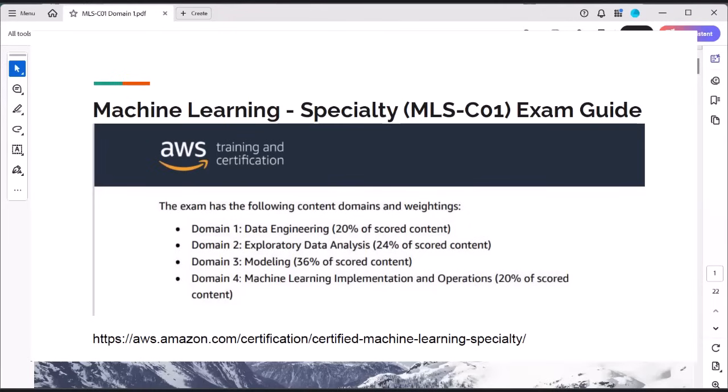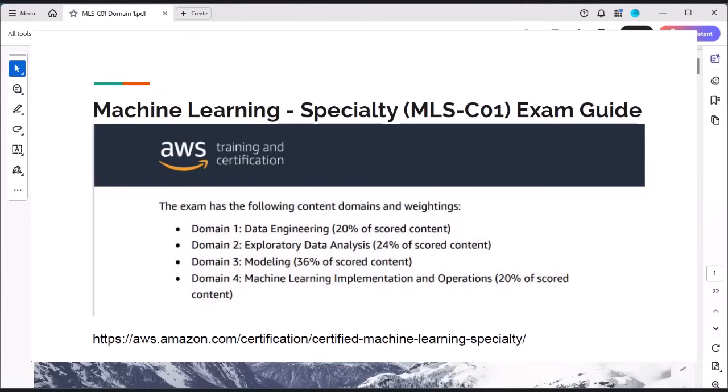Once you've done the EDA process, you go into modeling. Modeling, again, is the largest domain, so we will work together on how some of those algorithms work and how to train them. And finally, once you have done these three things, you'll do your machine learning implementation and operations.